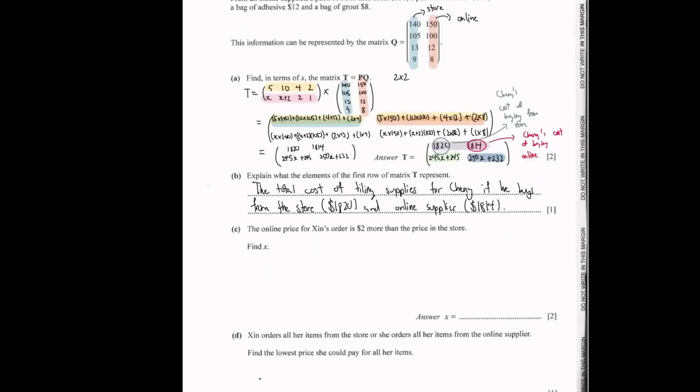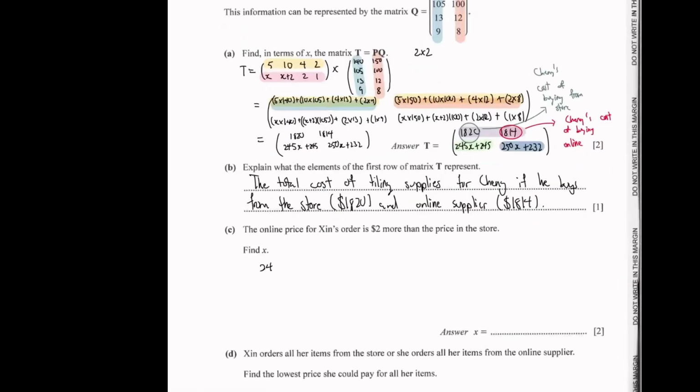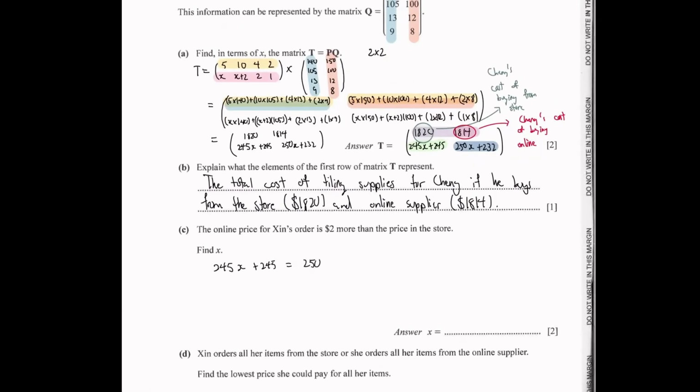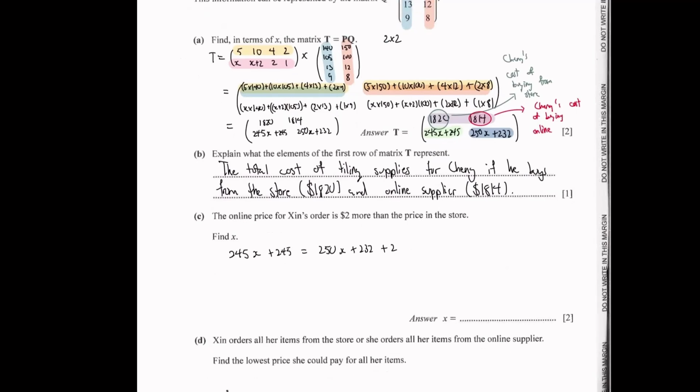So we can write that down as 245x plus 245 equals 250x plus 232 plus 2. And then we solve for x. So we got 5x equals 15, and x equals 3.